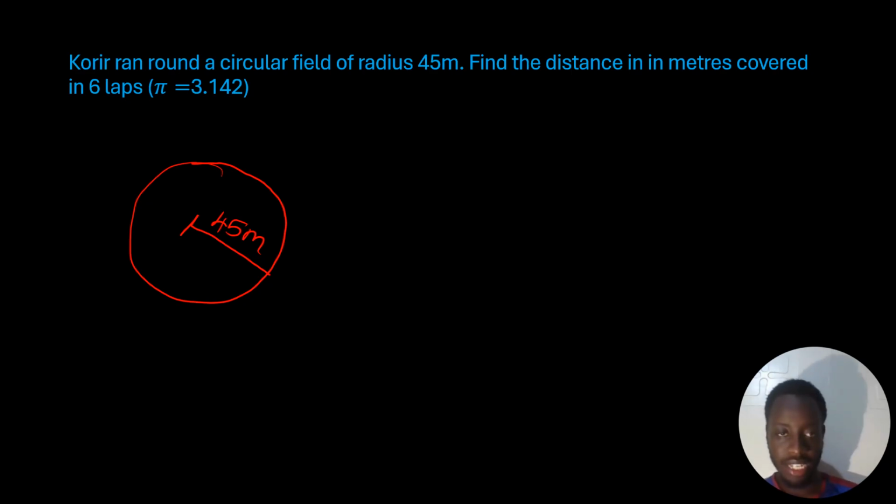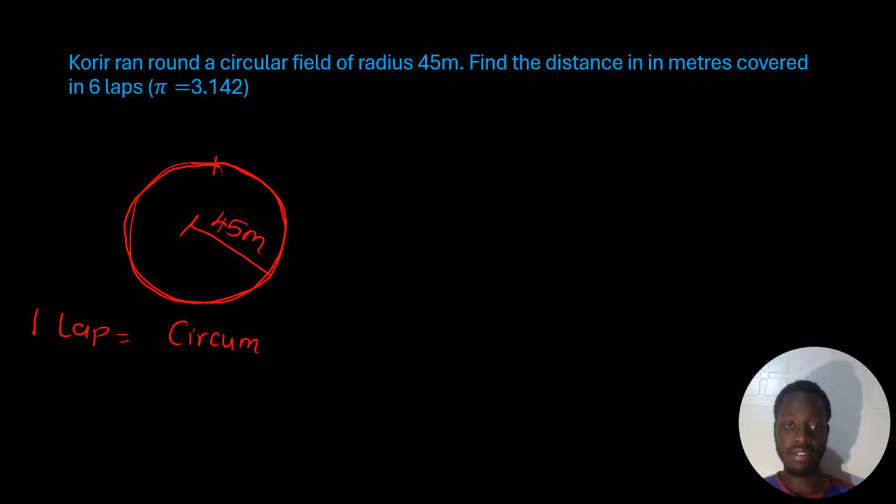So when Korir runs from this point around the circular field, that is 1 lap. Okay, when he runs around that circular field, that is 1 lap. So that means that 1 lap is equal to the circumference of the field.